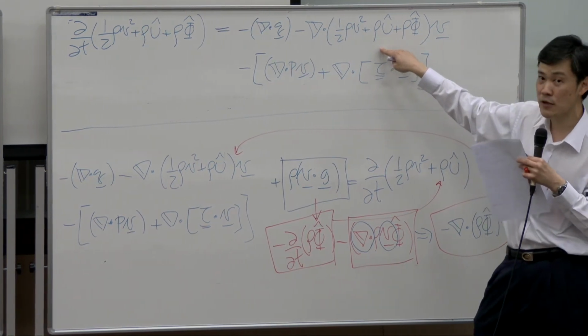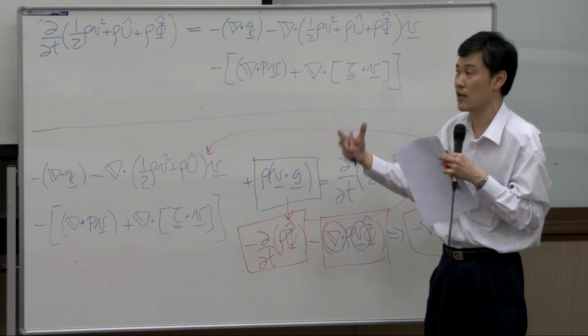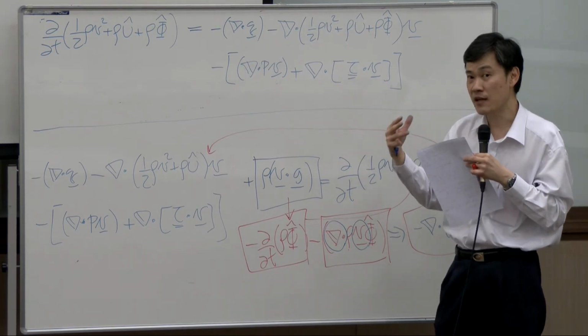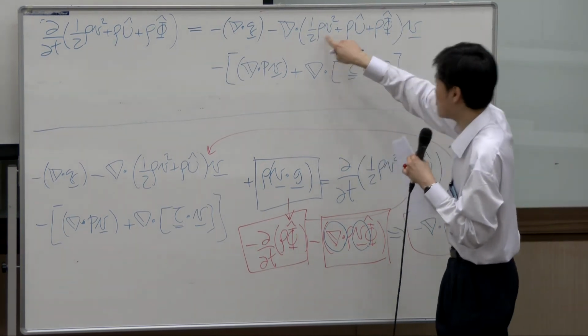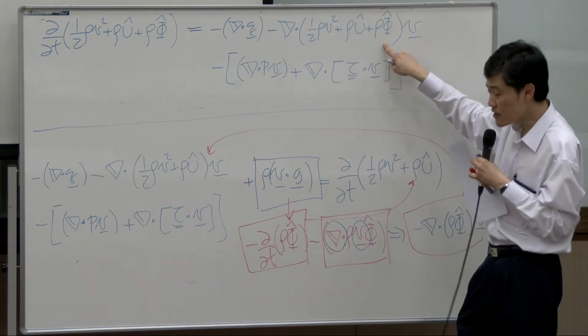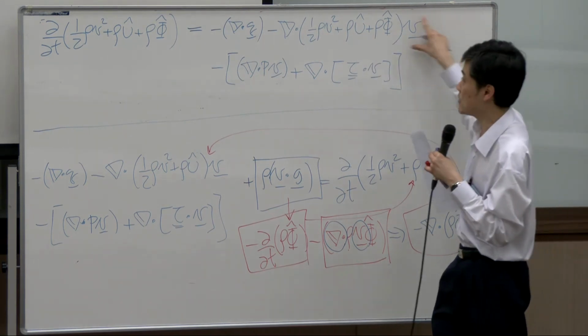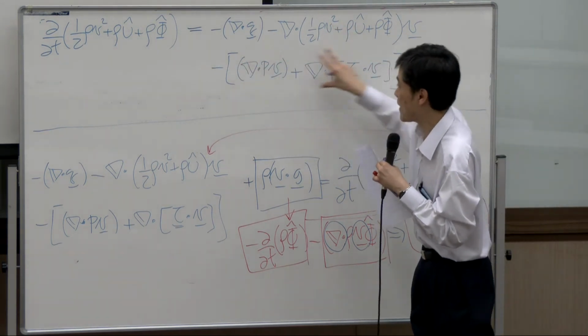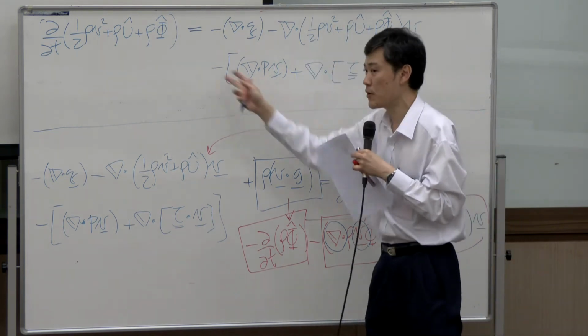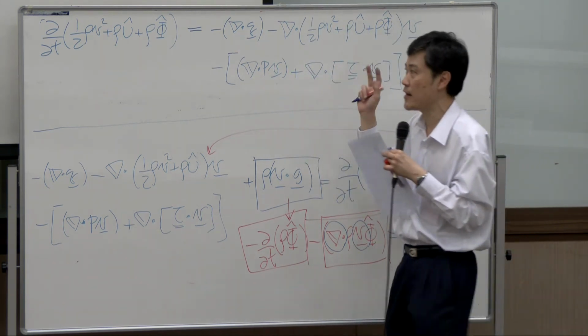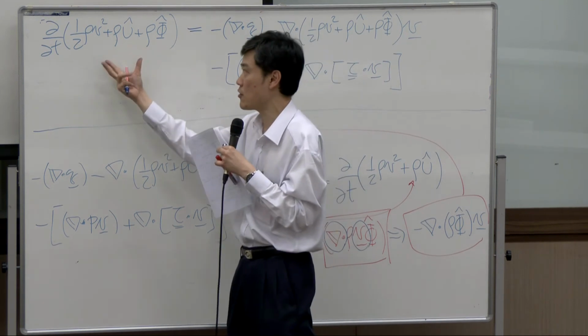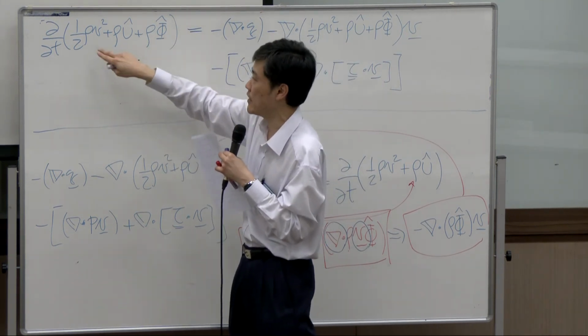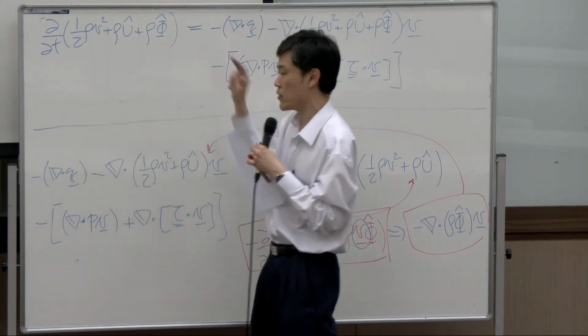You put mass into the system, and mass carries energy. There are three kinds of energy being carried, kinetic energy, internal energy, and potential energy, carried into the system and added by flow work. So this is the whole equation in familiar form, where energy can be split into three forms, actually: internal, kinetic, and potential.